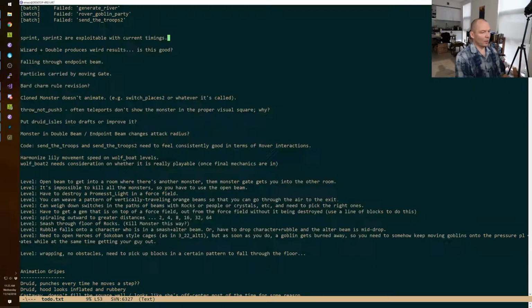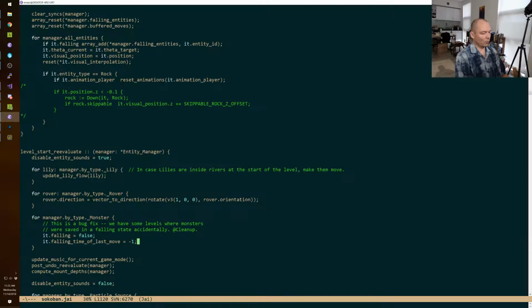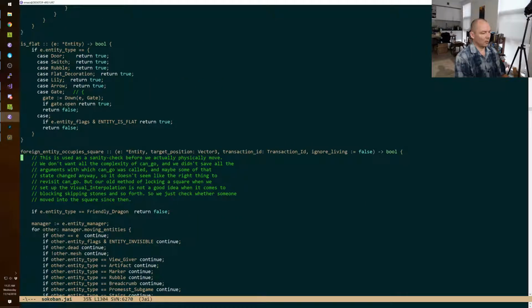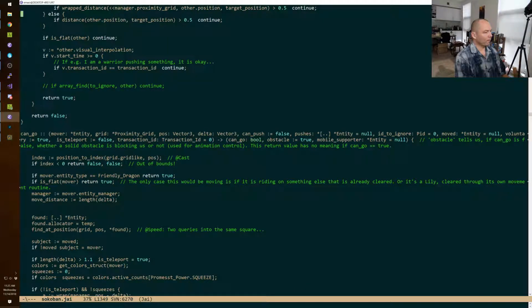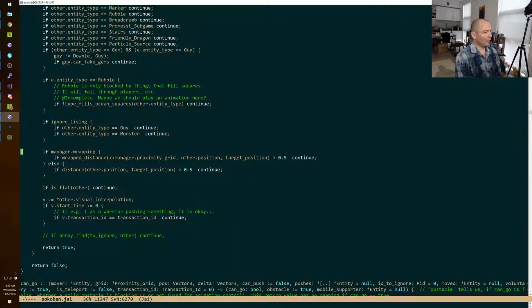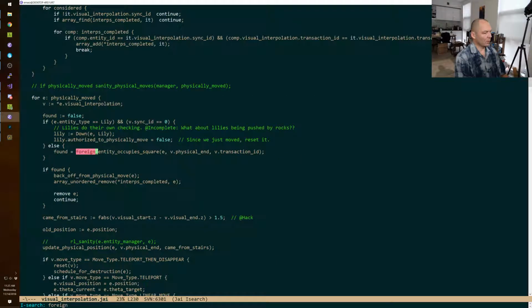Yeah, I want to look at this routine called foreign entity occupies square. We probably didn't change this, but we may have changed... Yeah, okay, here's the thing.